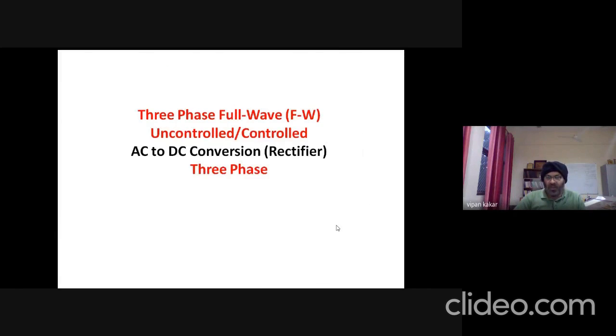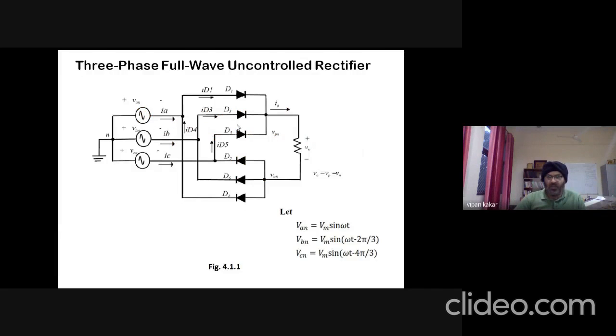So now, continuing further for three-phase, we'll go quickly through this. For three-phase, we know that we have a three-phase supply over here. Here it is shown with three phase currents, IA, IB, and IC. Then three phase voltages, AN, BN, and CN.